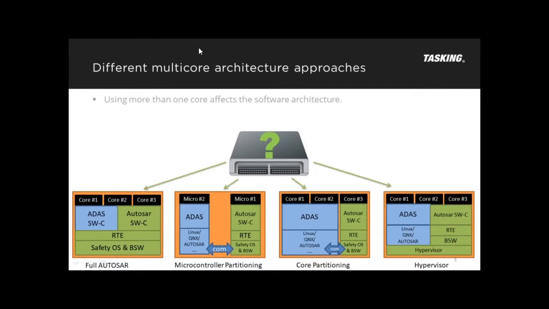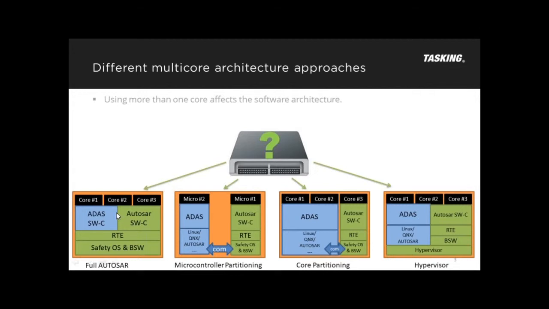And if you look at the slide from the left side, this is one strategy that's called full AutoSAR. Inside this strategy, the system architect decided, okay, we have the safety operating system and basic software for the ECU. And after that, I will put the RTE, or runtime layer, that facilitates the communication between the different software components.